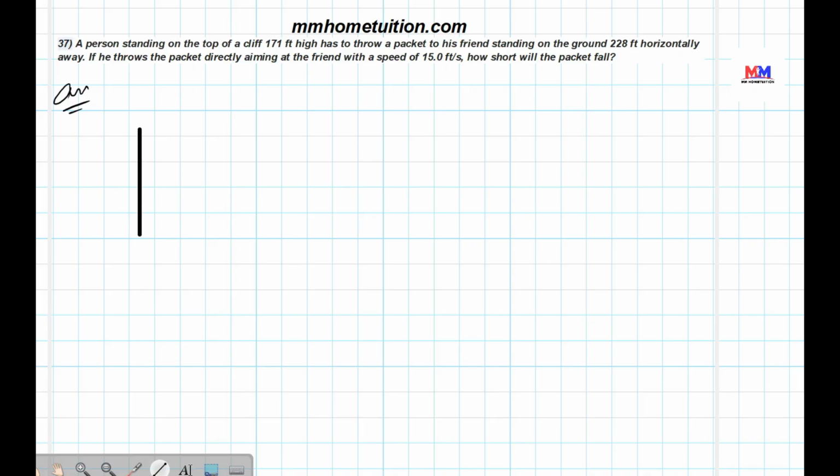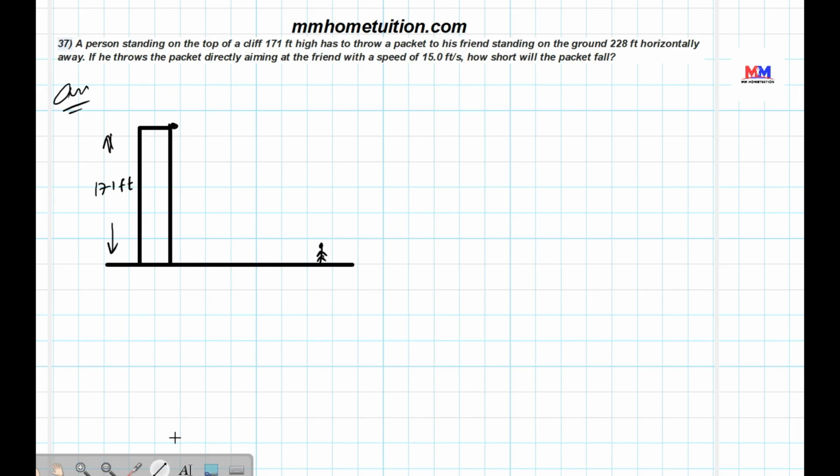So this is the cliff. This cliff is 171 feet high, and the person throws a ball.